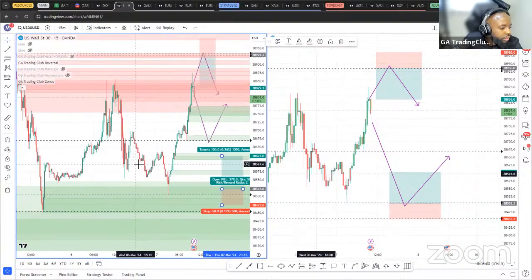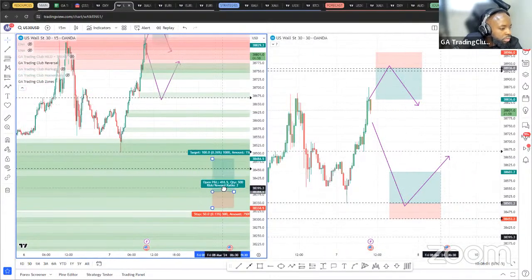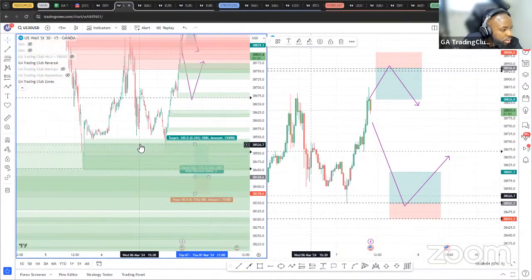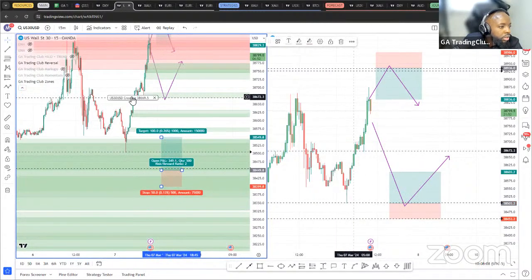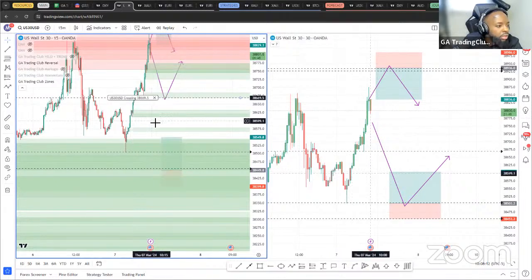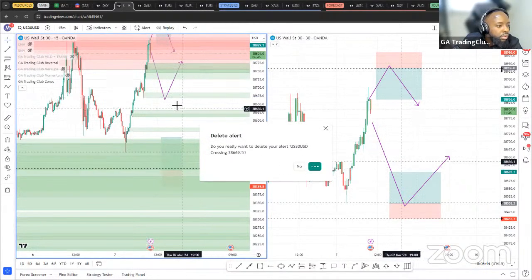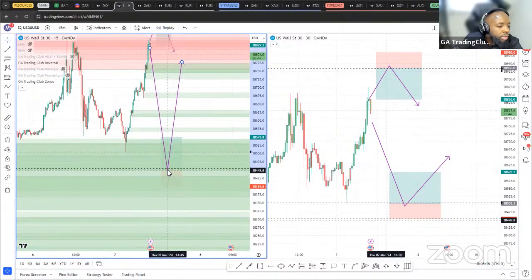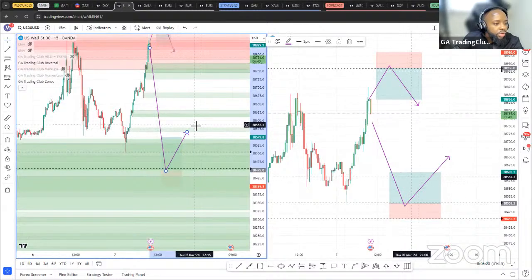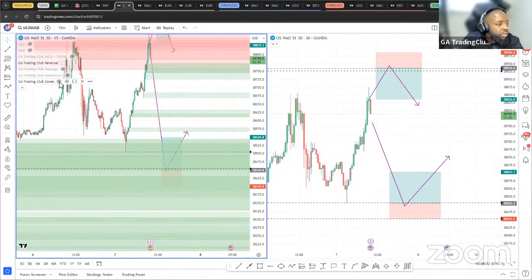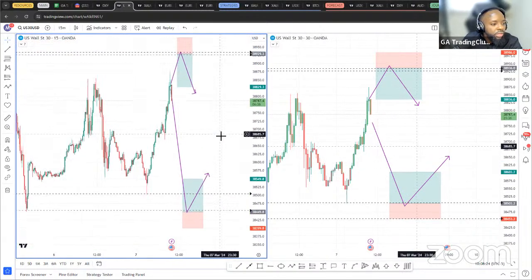Okay, so this one is here. I don't know why I'd put that one there, it's probably a mistake. Yeah, so now my job is just to wait for price to come to any of those areas, and then that's it.